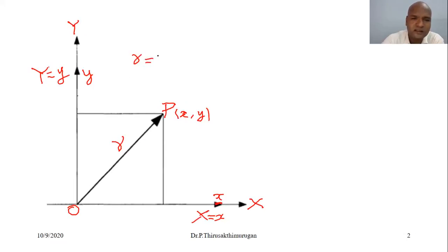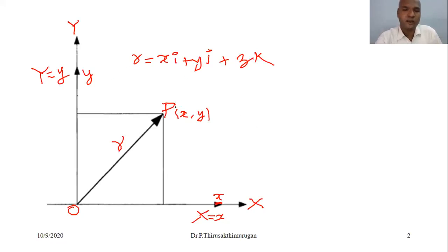R is a vector, in three dimensions also: xi plus yj plus zk. This is a vector representation. Clear? So R is the vector representing any point on the body frame. If we rotate the body frame by a particular angle, we have to represent those things in matrix format.